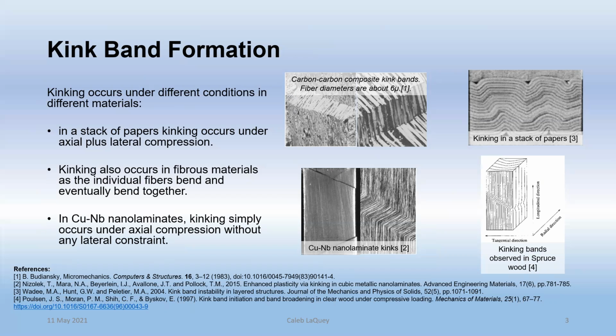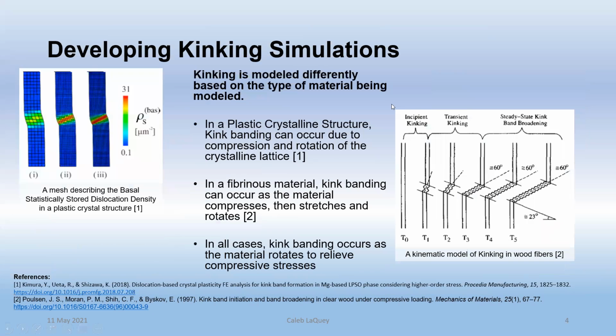Kinking can also be observed naturally. So for instance, here we have kinking occurring in spruce wood as it does so instead of just buckling naturally. So kinking is modeled differently based on the type of material being modeled. So in plastic crystalline structure, kink banding occurs due to compression and rotation of the crystalline lattice. Yet in fibrous materials, kink banding can occur as the material compresses and then it will stretch and rotate.